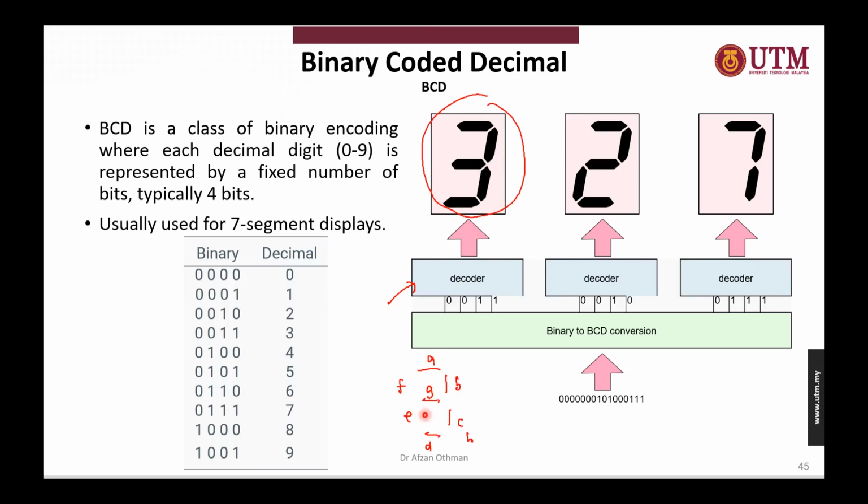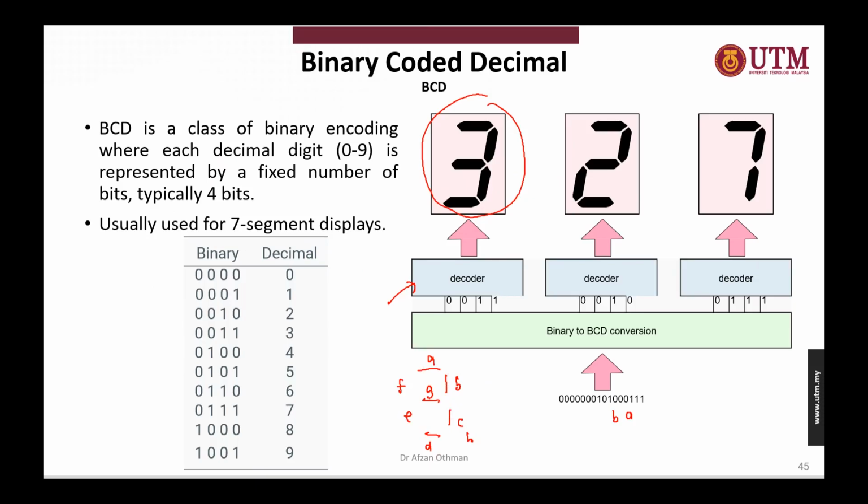Now, to turn on these LEDs, we need to give a number value so that each of these LEDs is turned on, and the F, E, and H LEDs are turned off. So how do we derive the numbers here?